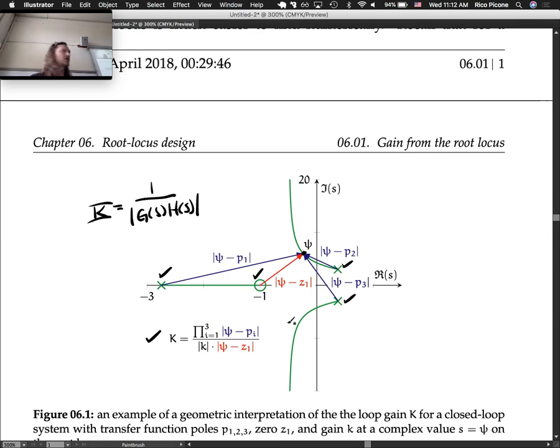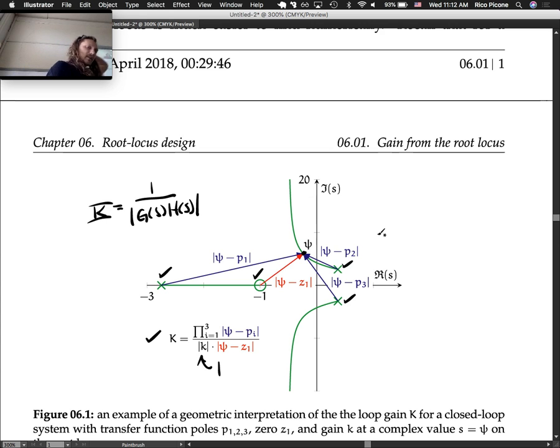So the blue ones are the pole ones, so the pole lengths. Take the product of all the pole lengths divided by the product of all the zero lengths, which is only 1 in this case. In this example, I didn't give a value for k, but if there's no value given, you can just assume it's 1.